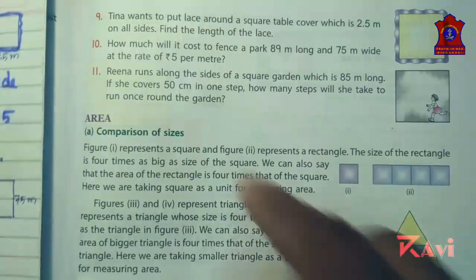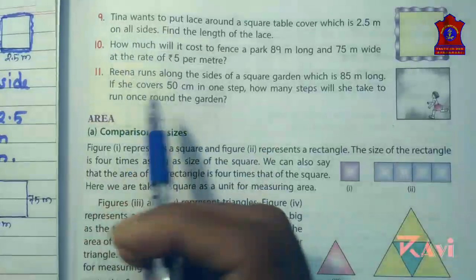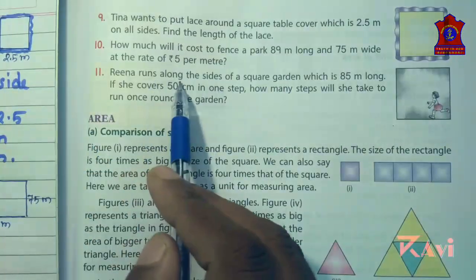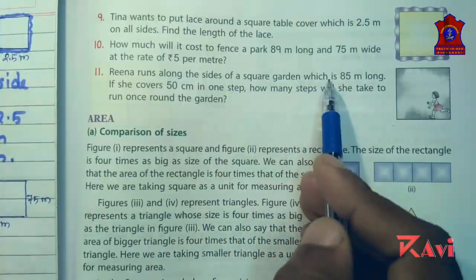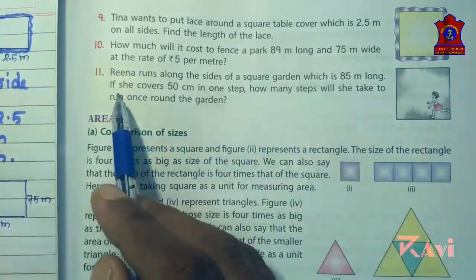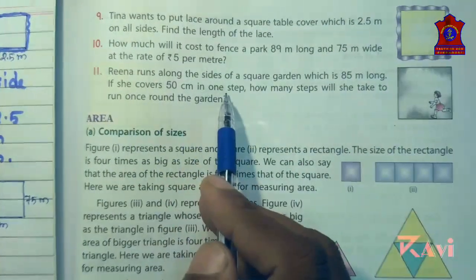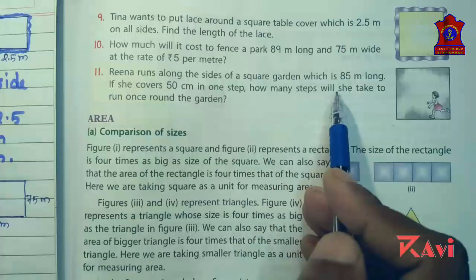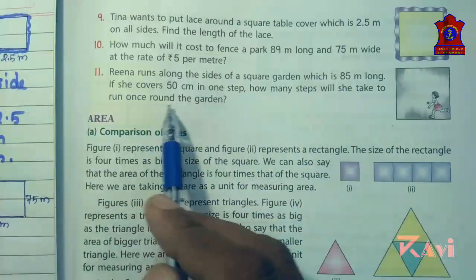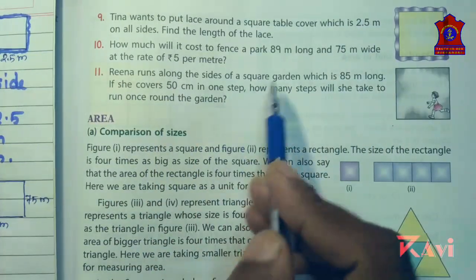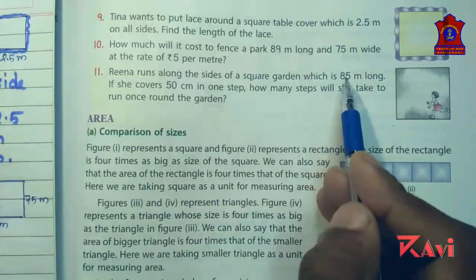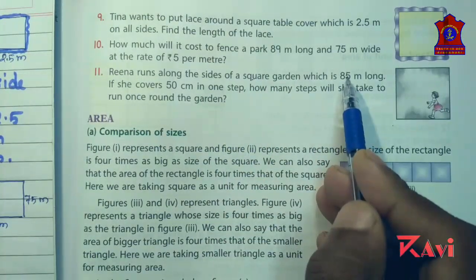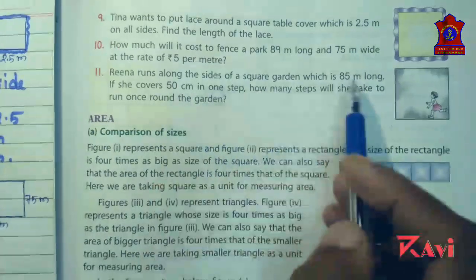Okay, now let's look at question number 11. Reena runs along the sides of a square garden which is 85 meter long. If she covers 50 centimeter in one step, how many steps will she take to run around the garden? Okay, the question is about a square garden. So first of all, find out the perimeter of the square garden.